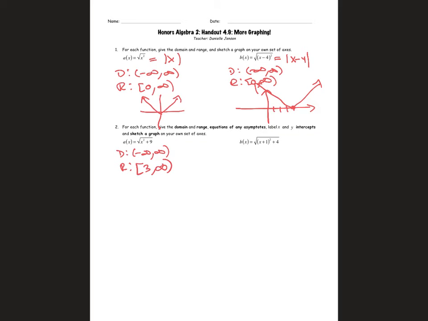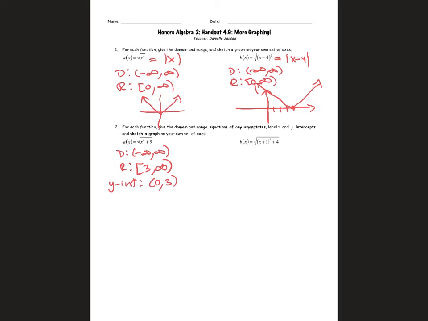Are there any x-intercepts? Well, no, because 0 isn't even part of the range. But we can find the y-intercept. When I plug in 0 for x, I get 3 for y, so I have a y-intercept of 0, 3.